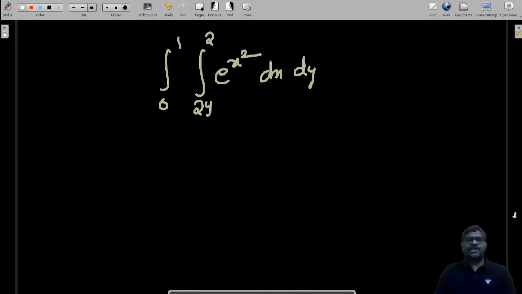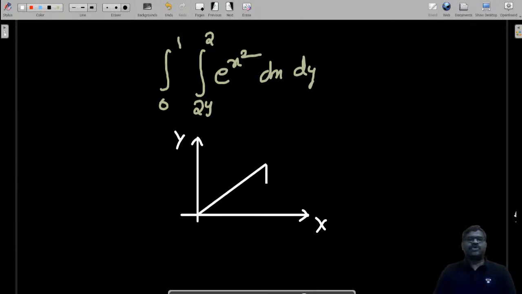It is not possible. That's why we are going to change the order of integration. X equal to 2y, x equal to 2, y equal to 0, y equal to 1.